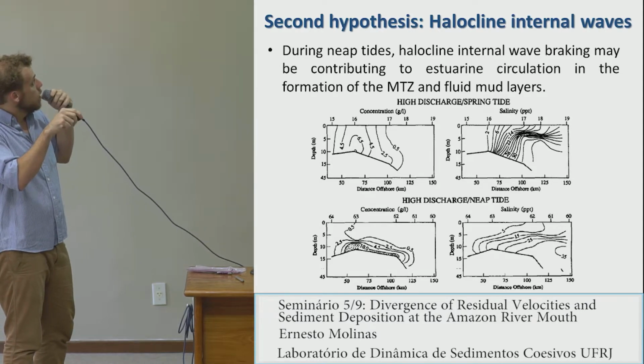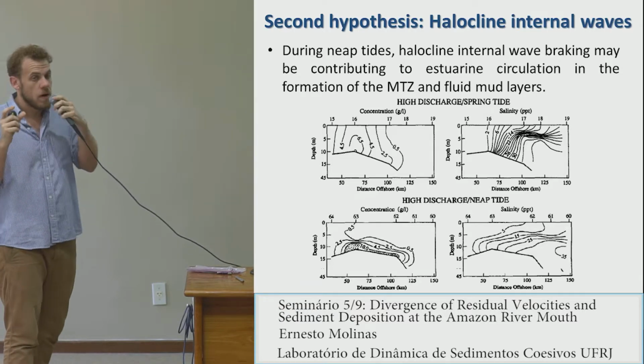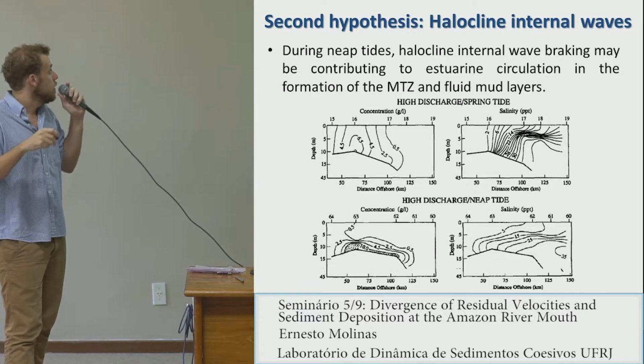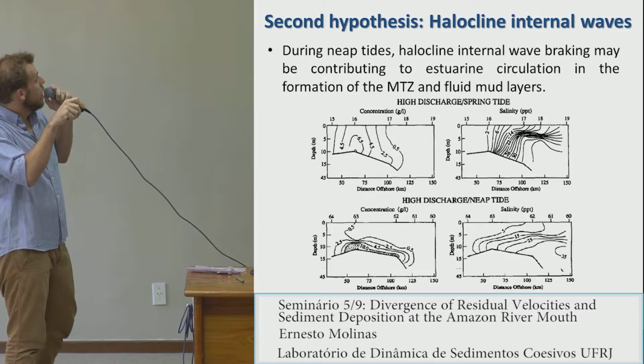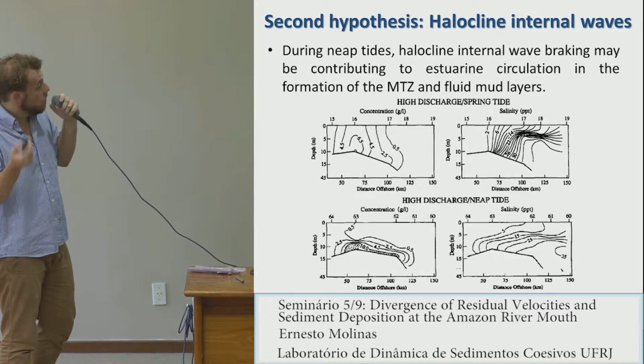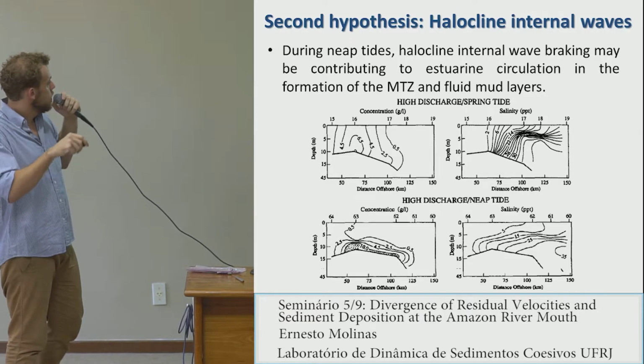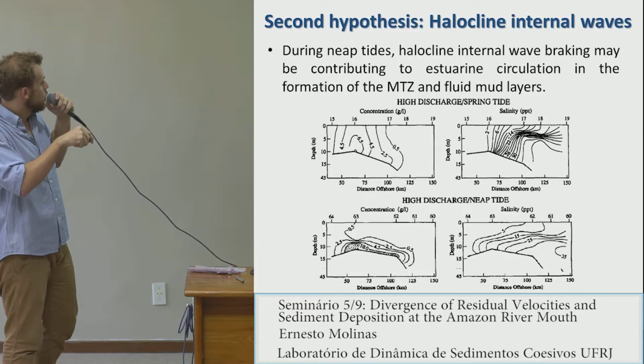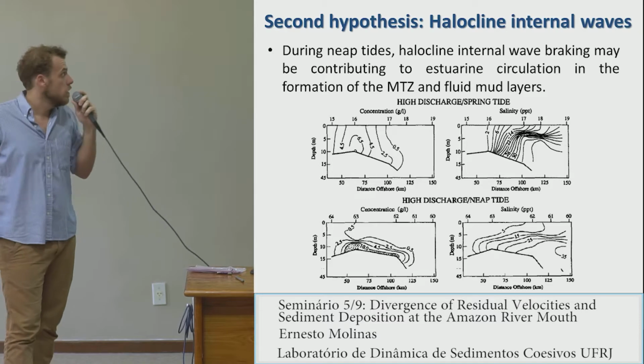When we go to the lutocline, we're expecting waves with a period of around 2 seconds. In the halocline, we're expecting waves with periods between 3 and 10 seconds, or greater. And at the thermocline, these waves will have periods greater than 100 to 300 seconds.